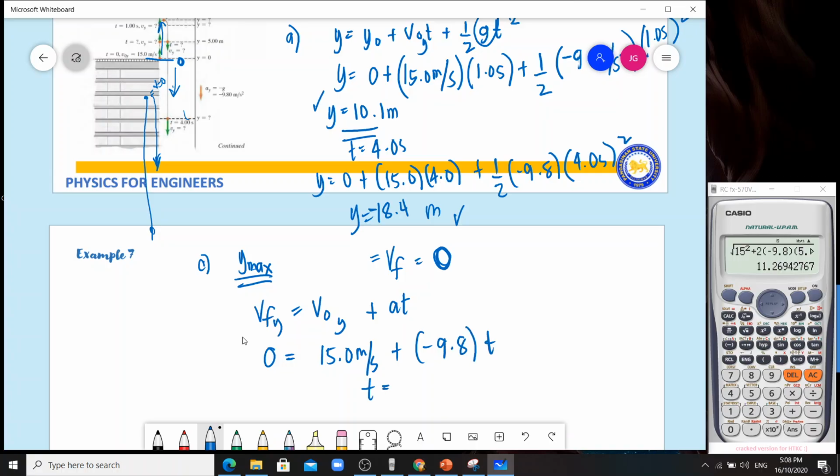Ilang seconds or kailan siya nag-maximum or yung nag-zero velocity.